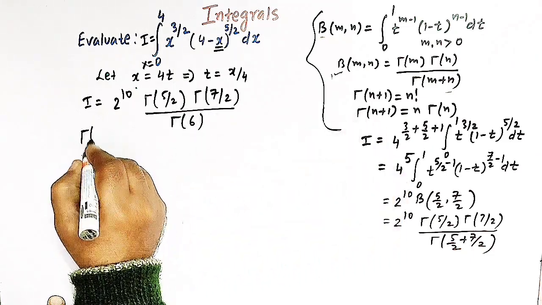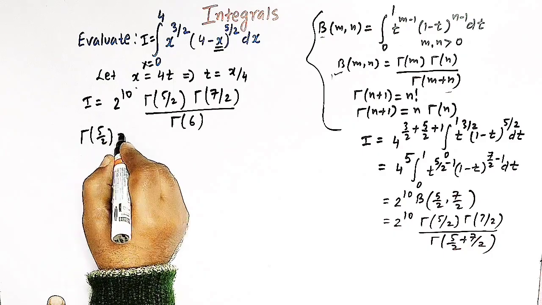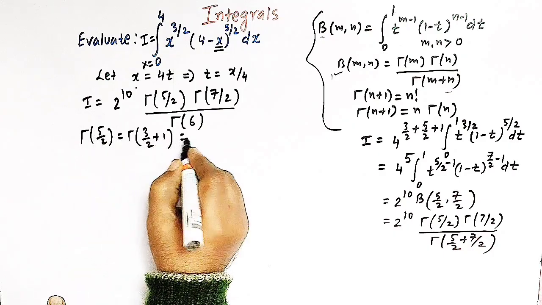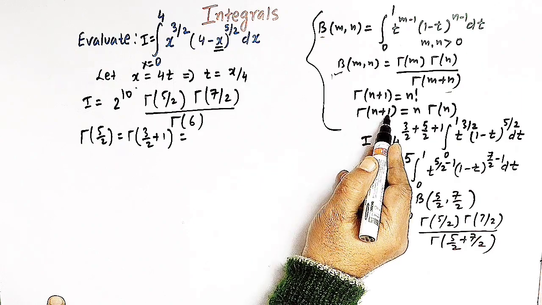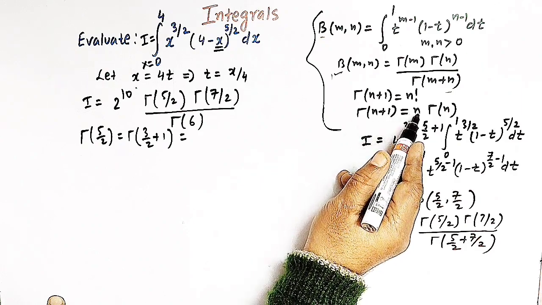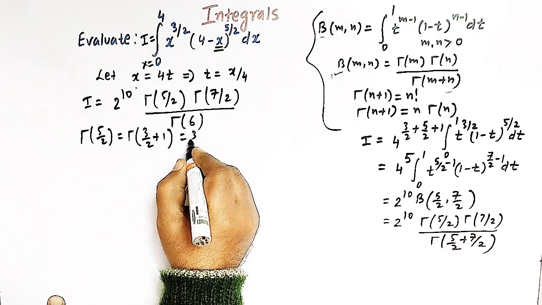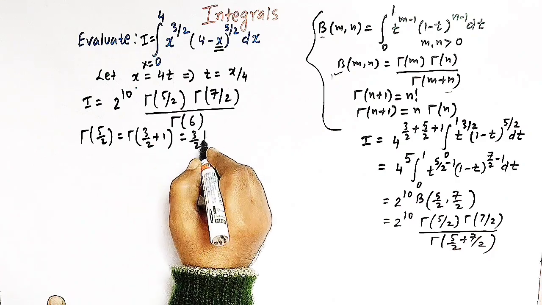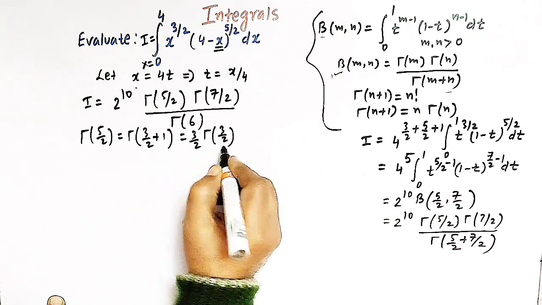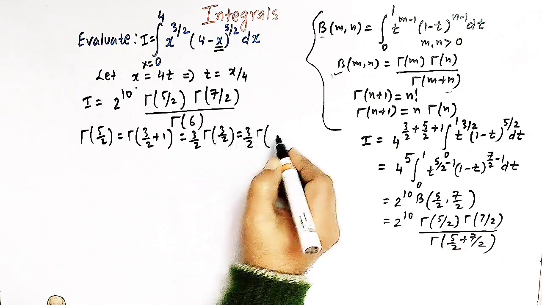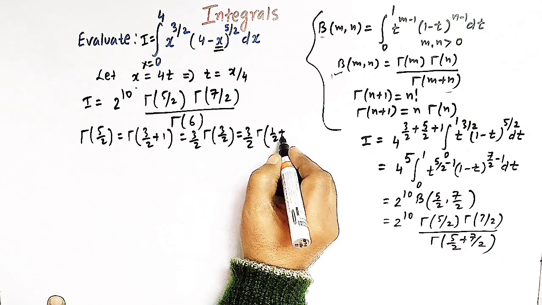So gamma 5 by 2 can be written as gamma of 3 by 2 plus 1. So here we have gamma n plus 1, which can be written as n times gamma n. So n is 3 by 2, so we can write 3 by 2 gamma 3 by 2. Then we can further split 3 by 2 as a half plus 1.